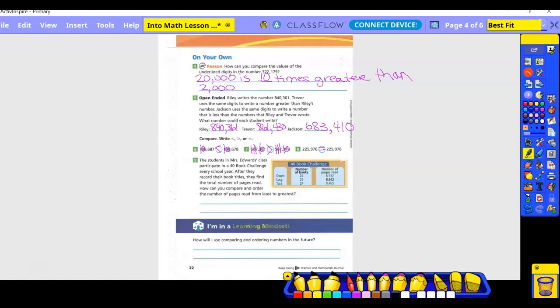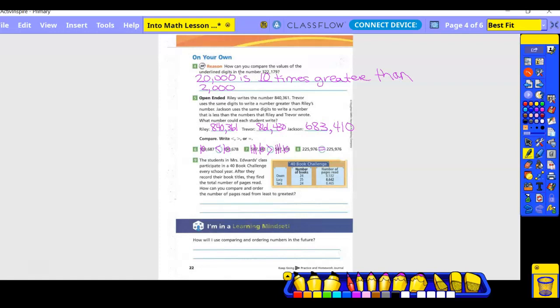The students in Mrs. Edwards' class participate in a 40-book challenge every school year. After they record their book titles, they find the total number of pages read. How can you compare and order the number of pages from least to greatest? So what are we going to do? Basically, we are going to take the place values and compare them. Do they all have the same number of place values?